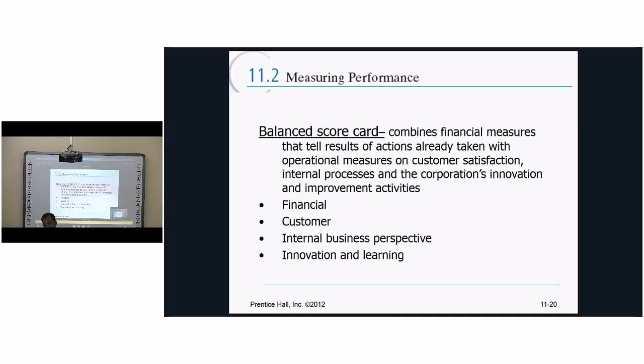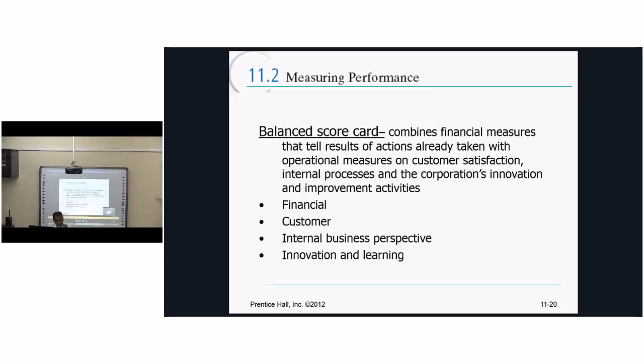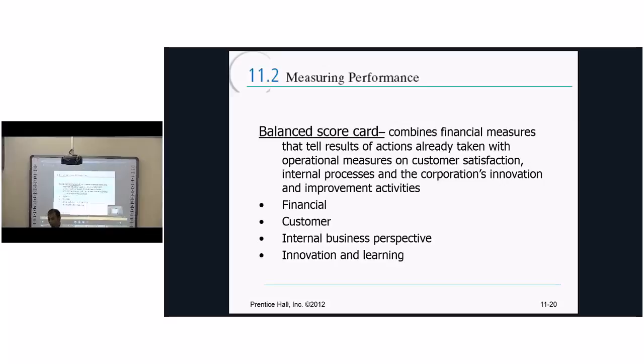So the balanced scorecard combines financial measures with customer satisfaction, internal processes, and so on. You have a combination of financial as well as non-financial factors embedded into your performance measurement system, so that you're not blindly looking at the financial information, but at the non-financial aspects as well.